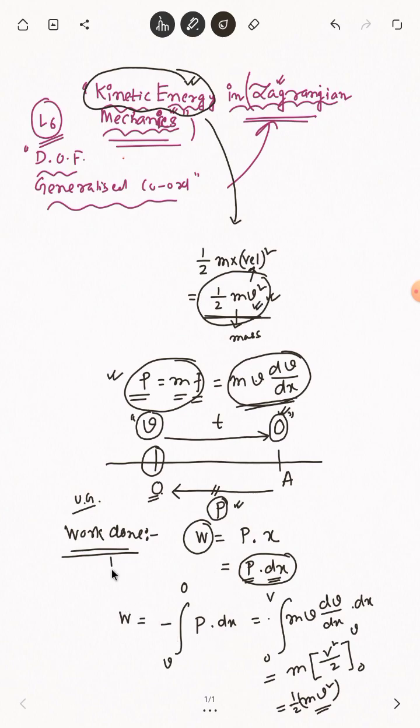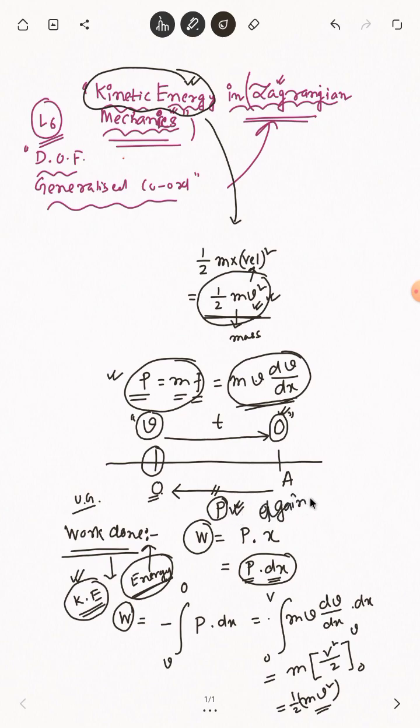So half mv square is the expression for kinetic energy. This kinetic energy is ultimately some kind of work done. Since its discovery, still now there is no particular expression for energy. Energy is something which will always be calculated with the help of work done. Now, if this is kinetic energy, then it is defined as the total amount of work done due to an opposite force or against force.